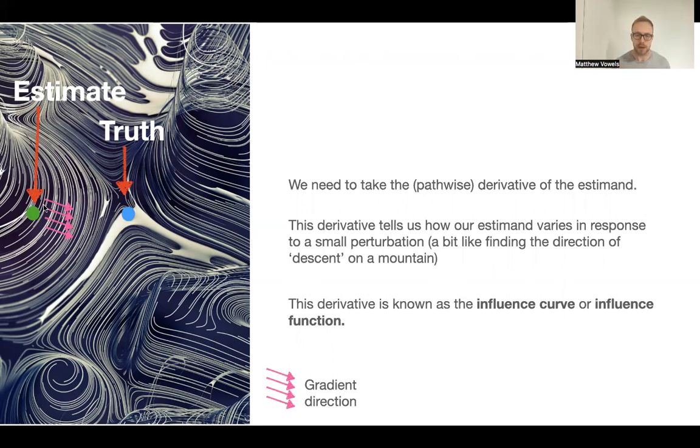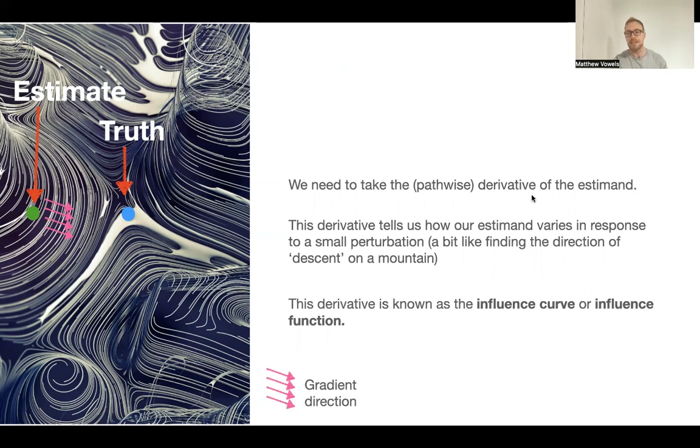And this is where you get this sort of update or targeting step associated with this process. So what I'm going to argue is that we need to take the derivative of our estimand. So our estimand in the examples that we've seen is the average treatment effect. And if we've got an analytic expression for that derivative, we're basically saying that we can work out what direction we need to go, what the direction of descent is to take us in the right direction.